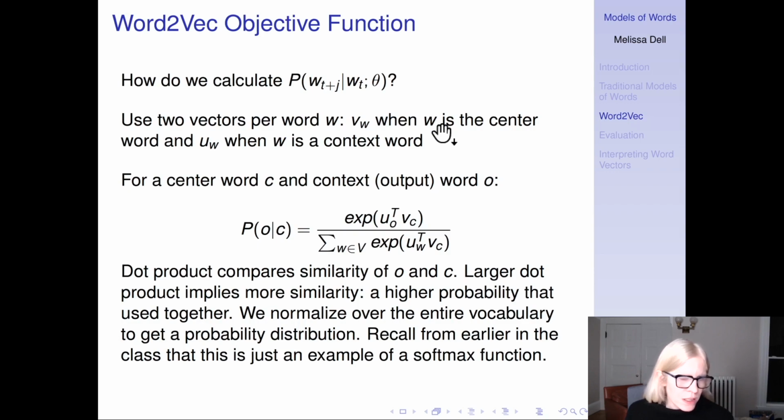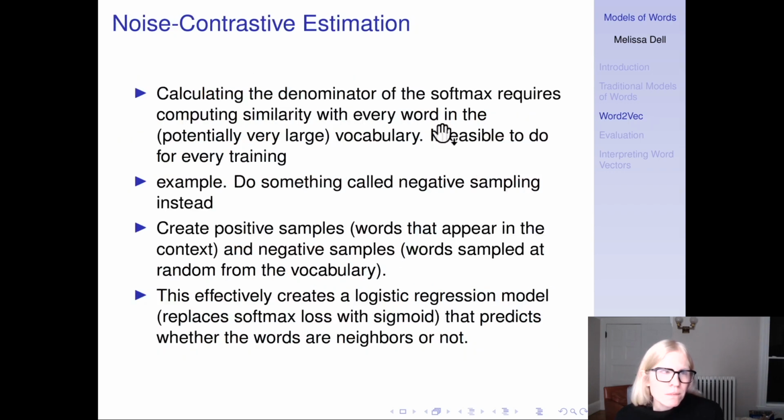A larger dot product implies more similarity, which in the context of word vectors, remember, means a higher probability that those words are used together. And we can normalize this over the entire vocabulary to get a probability distribution. So recall from earlier in the class that this is just an example of a softmax function.